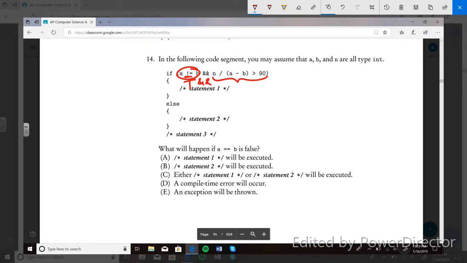However, you're not given the n value, so you wouldn't know if this is greater than or less than 90. So you wouldn't be able to determine what happens on this side, so you wouldn't know if statement 1 or statement 2 is evaluated. So the correct answer would be C.